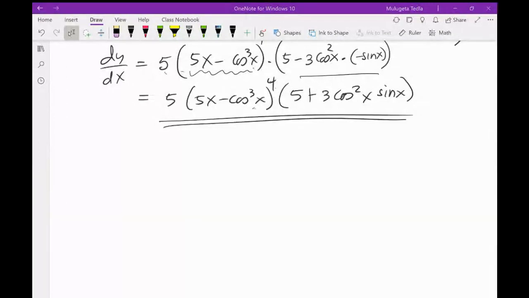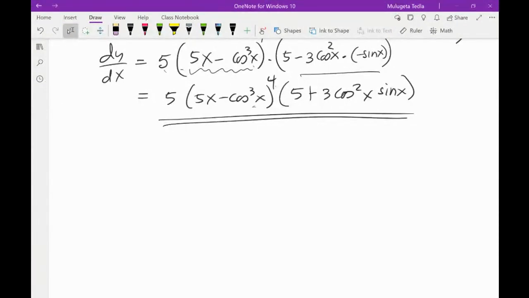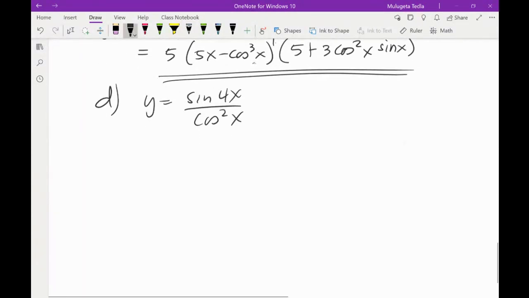So next question is, these are the questions of D, sine 4x over cos squared x. D is y equal to sine 4x over cos squared of x. So dy by dx is the derivative of the top, which is, this is u over v.